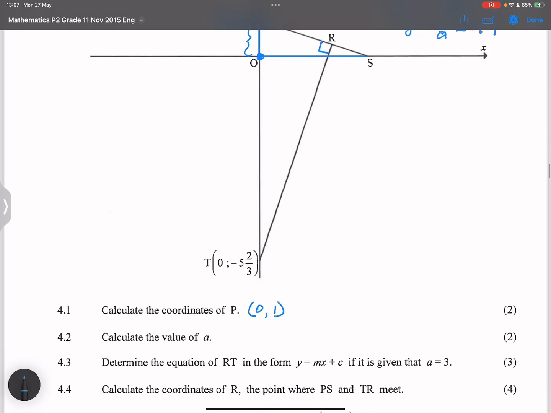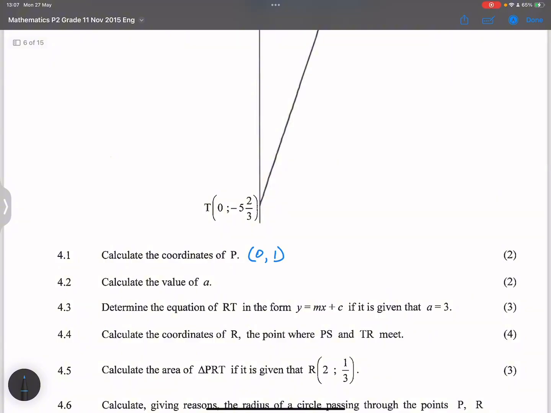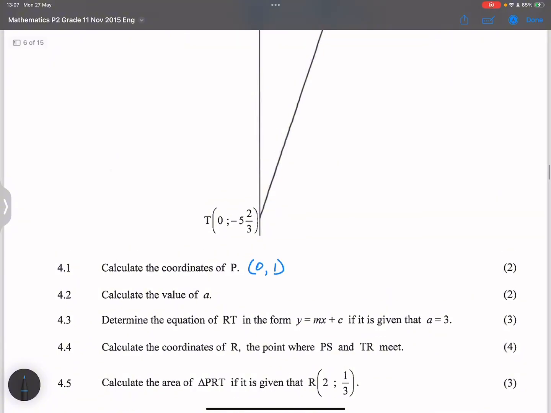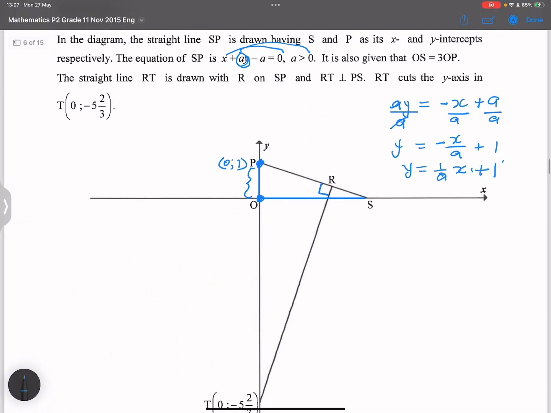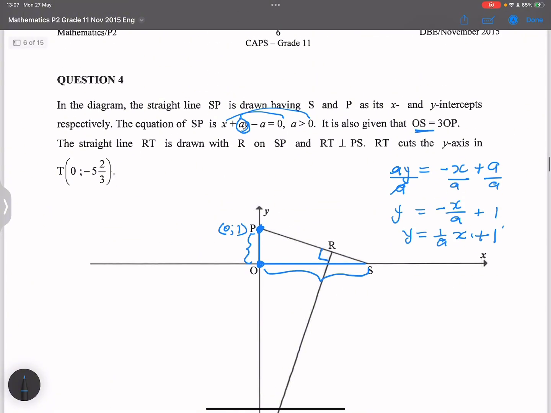Okay, so they say to us, calculate the value of a. Now, we already have the equation in standard form, right? What I am going to do, ladies and gents, is put in this value. Remember, they said to us that OS is 3 times OP.